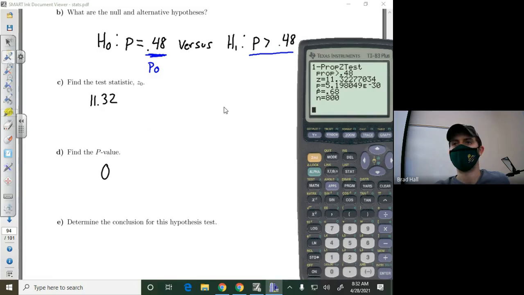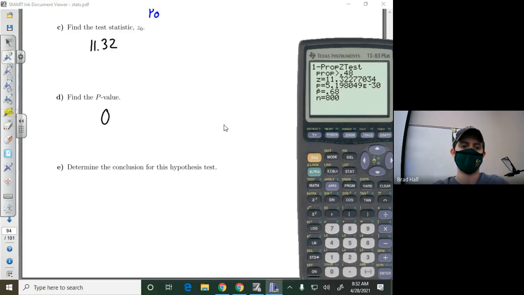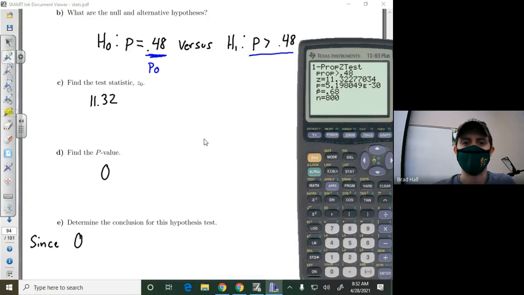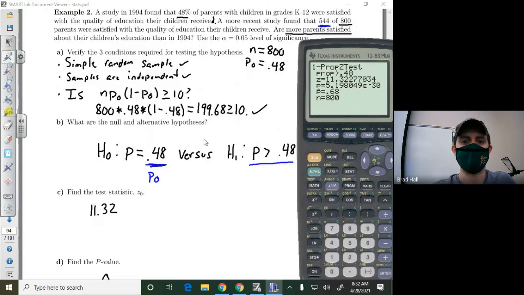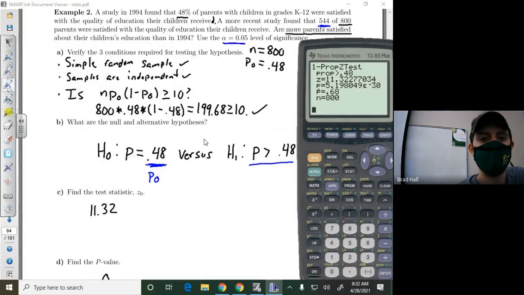So we need to determine the conclusion for the hypothesis test. And this again comes down to comparing the p-value and the alpha, the level of significance value, which they gave us in this problem as 0.05.